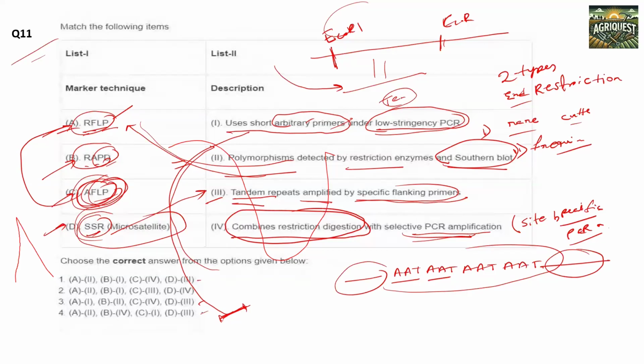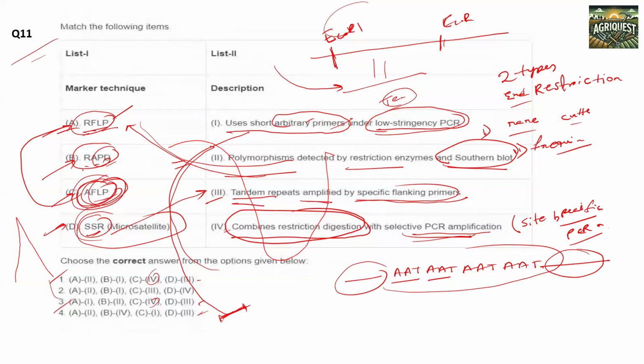RFLP is equal to 2, means A is equal to 2, and B is equal to 4 means what? Only one or two options are there. The SSR, so B is equal to 1 or 2.